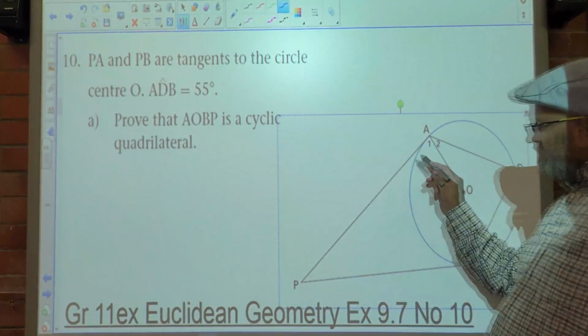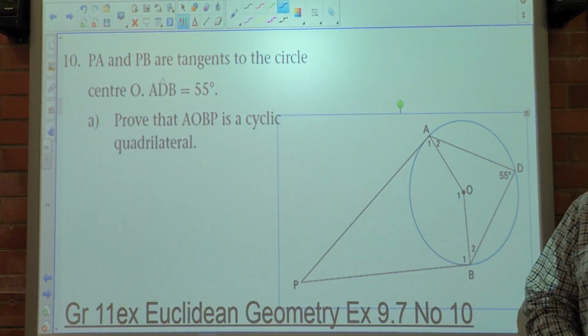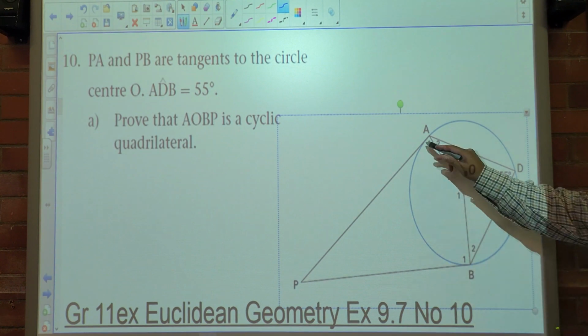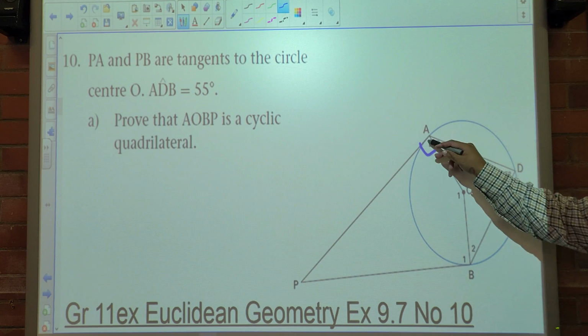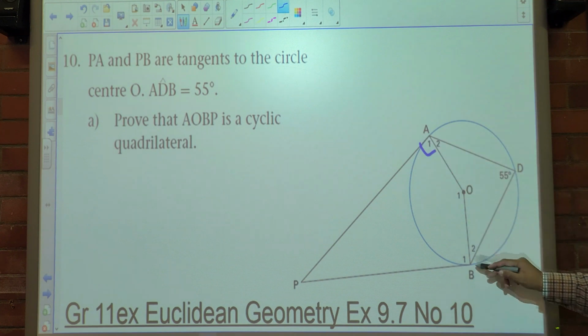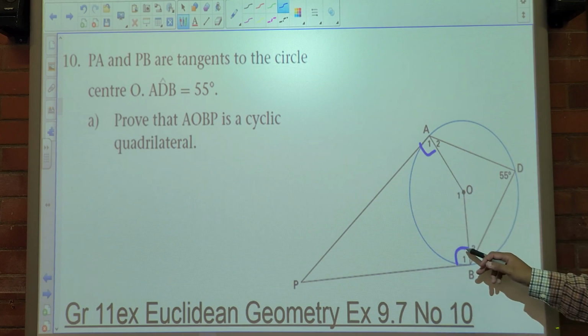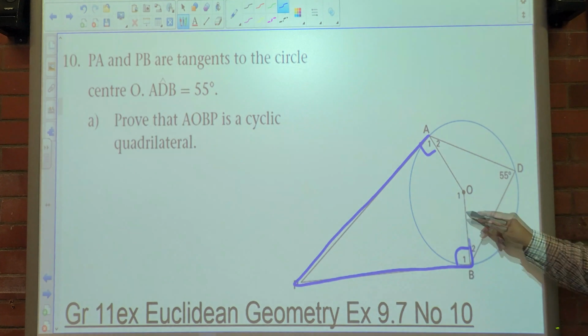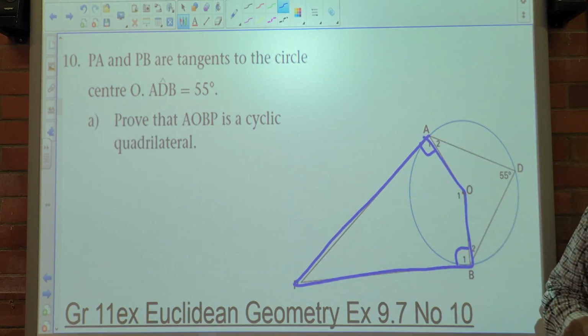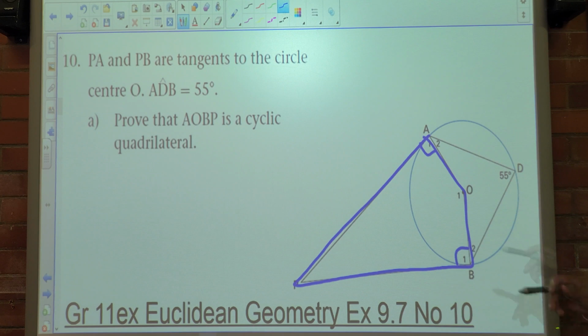People, if PA and PB are tangents, what do we know? We know A1 is 90. This is now your radius as well, no? That's your center. And then B1 is 90. Why? Radius perpendicular to tangent. So what can we say about this here? Cyclic quad. Why? Opposite angles are supplementary.